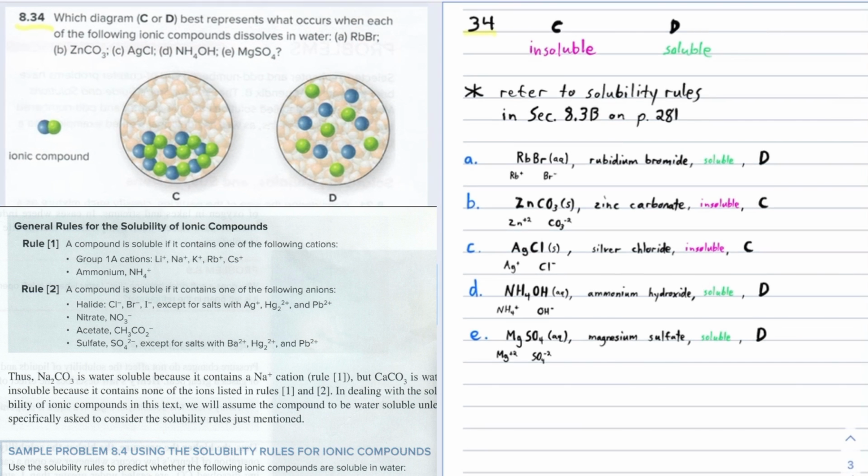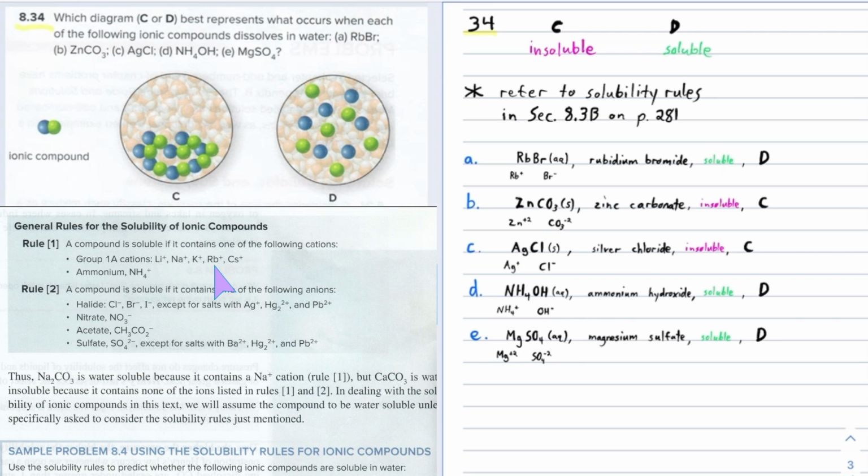And to answer that, we can refer to the solubility rules in section 8.3b on page 281, and I have those rules right here. So the first one, RbBr. Now this is rubidium bromide, and this is going to be soluble because all group 1 cations, if the ionic compound contains any of these cations, like rubidium, it's going to be soluble.